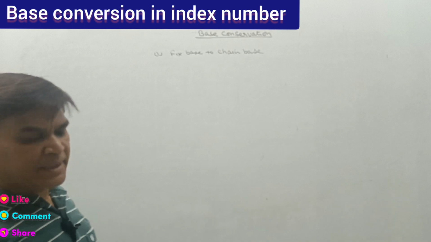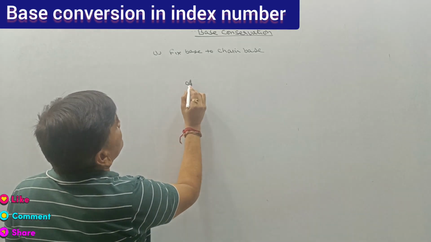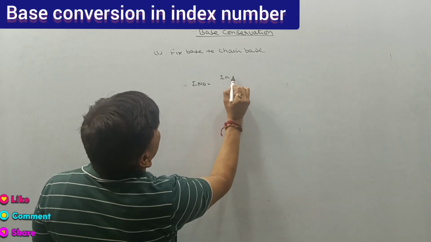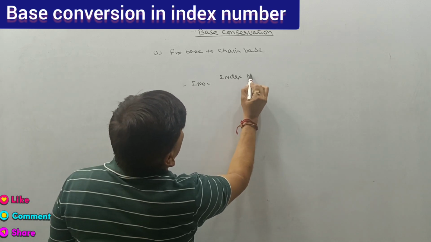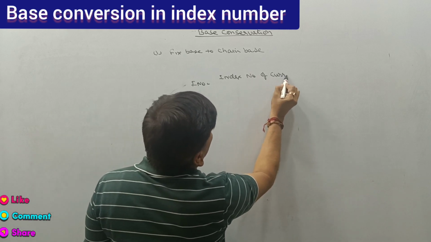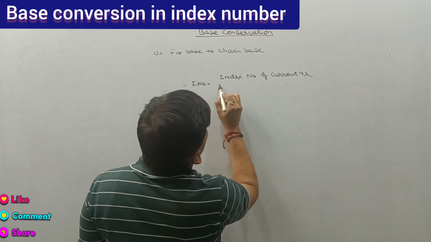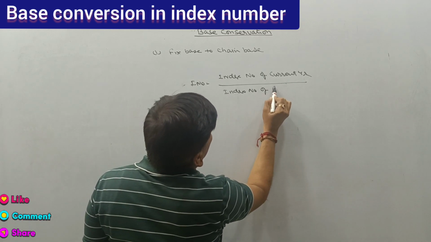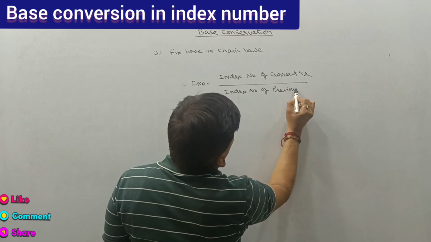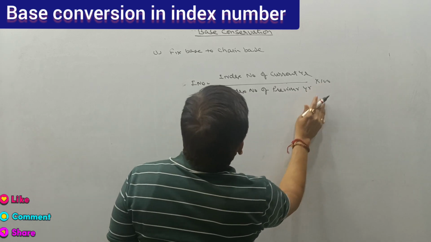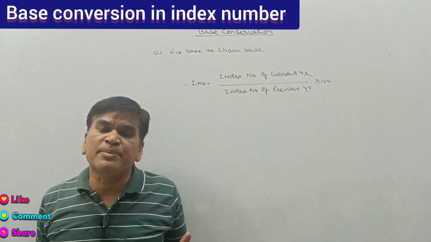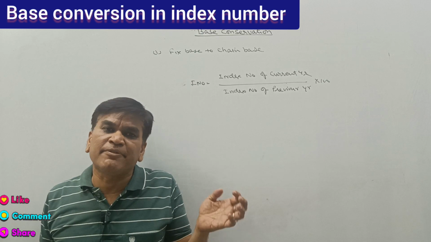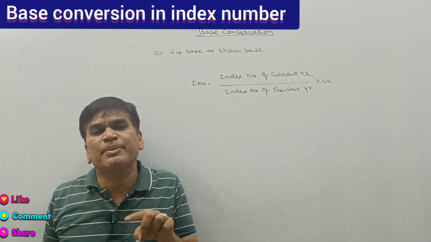For that conversion, the index number of the current year divided by the index number of the previous year, multiplied by 100. It means to change fixed base to chain base, we take the index number of the next year divided by the index number of the previous year, multiplied by 100.